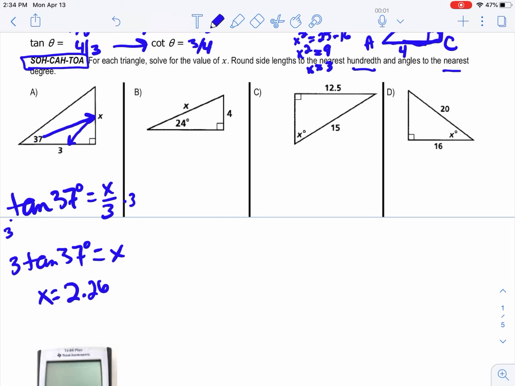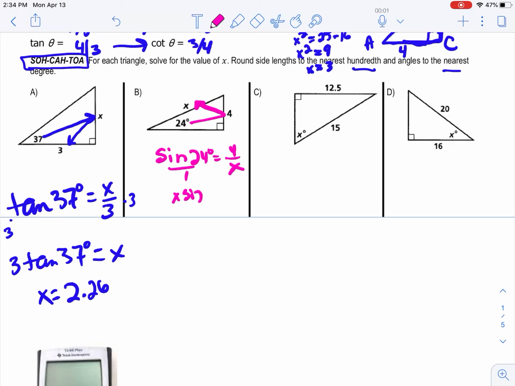Okay. All right, so this next one, I'm going to change colors so it's a little easier to see. Now I'm going to go opposite over hypotenuse, so that's a sine. So I have sine of 24 degrees equals 4 over x. And to get that x by itself, I would put sine over 1 and cross multiply.